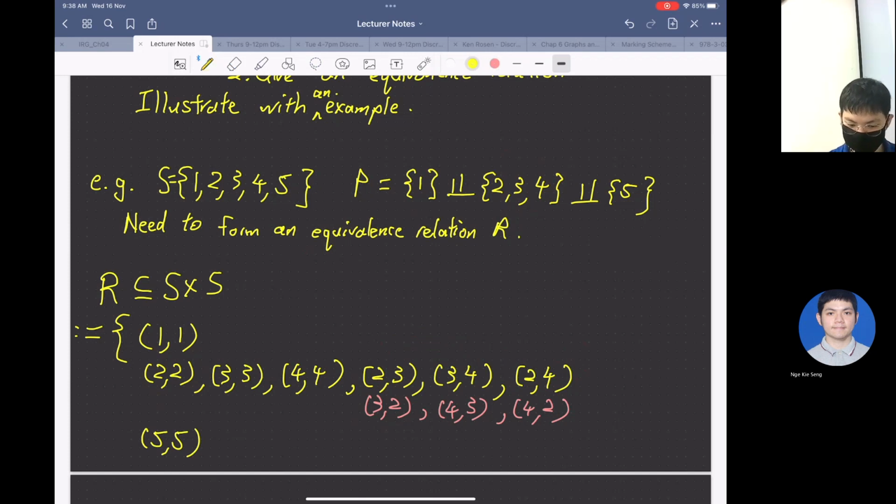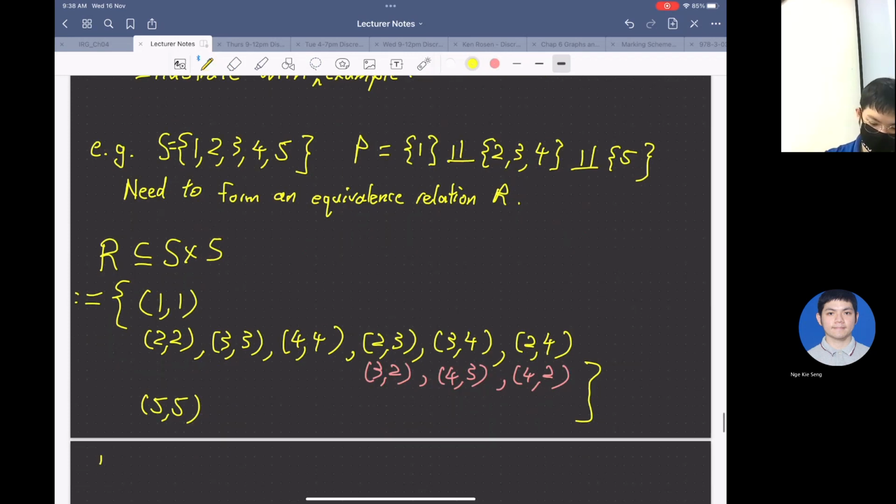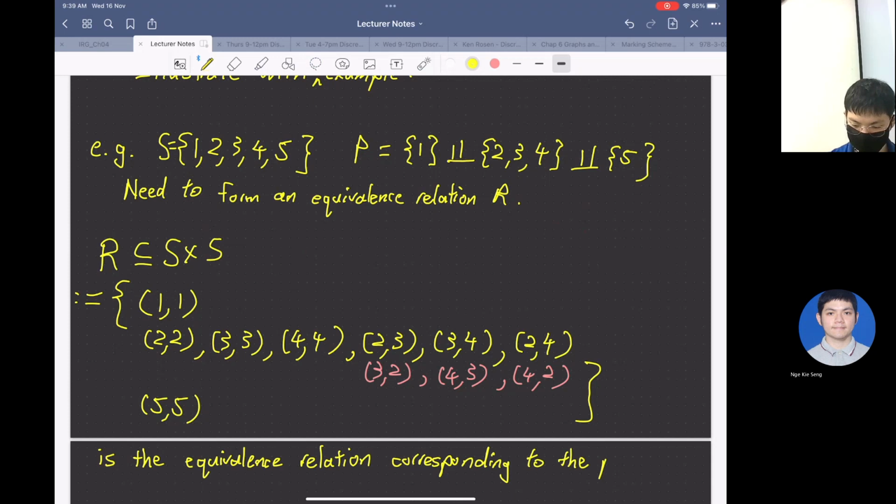And then I claim that this is the equivalence relation corresponding to the partition.